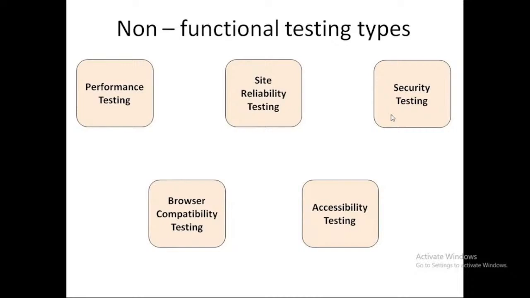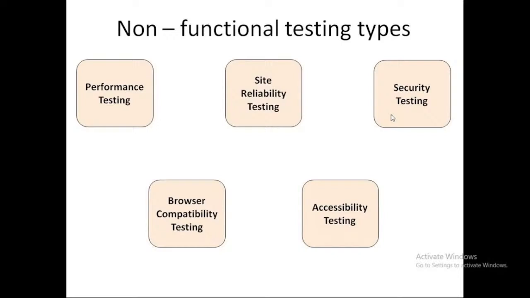But yes, one query here. This browser compatibility testing, that also would be part of functional testing, right? So we came under non-functional testing. Correct me if I'm wrong. In browser compatibility testing, are you checking whether I'm able to make a payment, like any user flow, or are you basically checking the alignment, like how the application is looking on this browser and that browser?